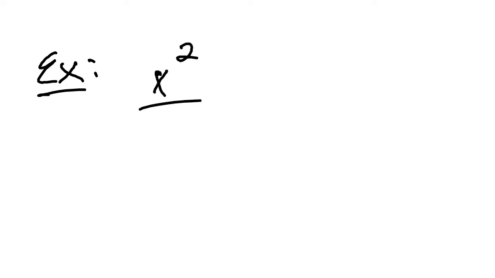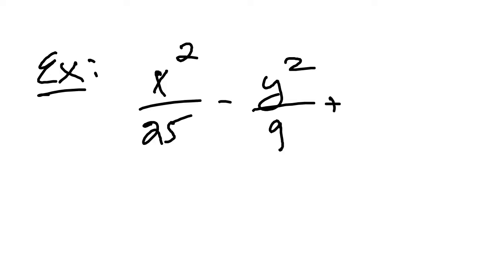Okay. So let me just do a specific example of an elliptic hyperboloid of two sheets. So let's look at x squared over 25 minus y squared over 9 plus z squared over 16, and I'm going to say that equals -1.